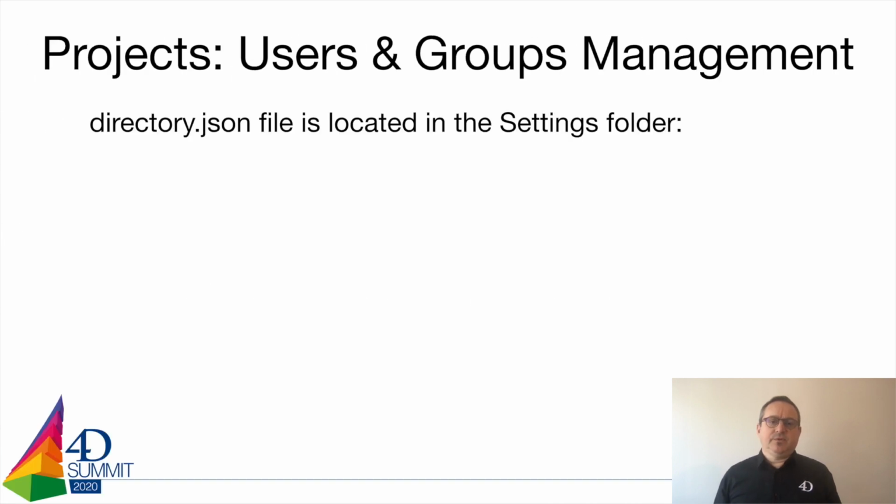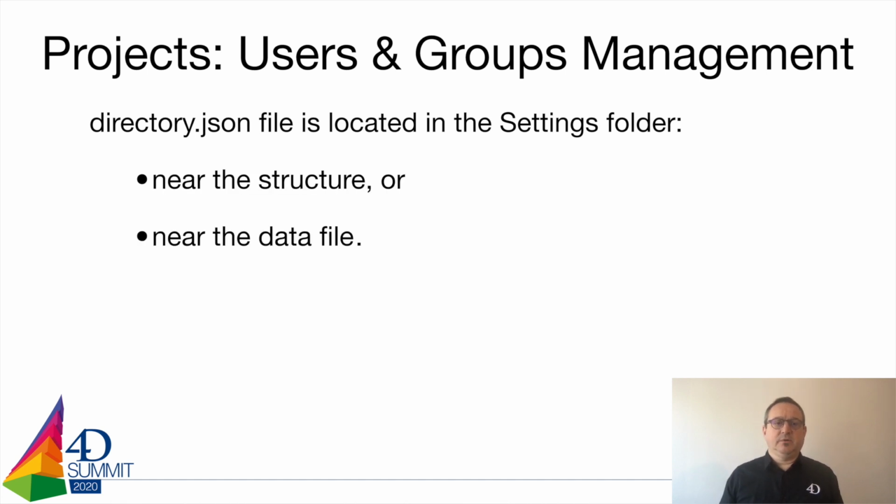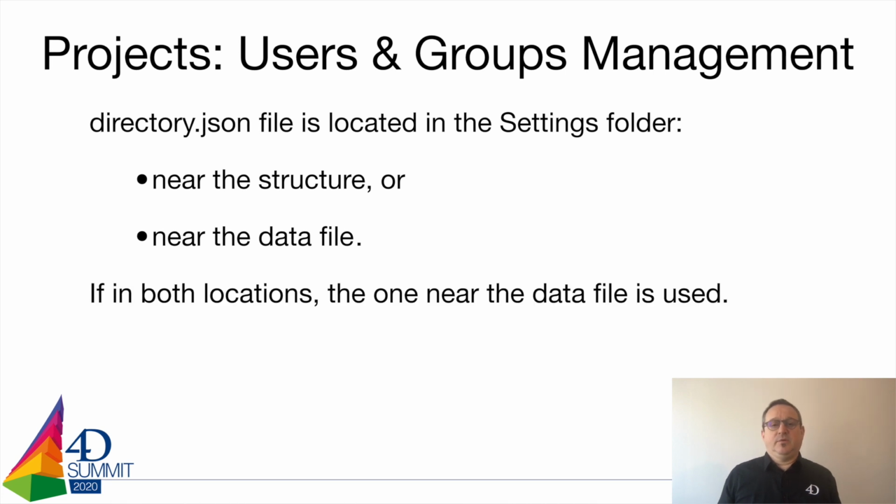The directory JSON file is located in the settings folder. But as you know, we have two settings folders: the settings folder near the structure or near the data file. And if you have a directory JSON file in both locations, the one near the data file is used.